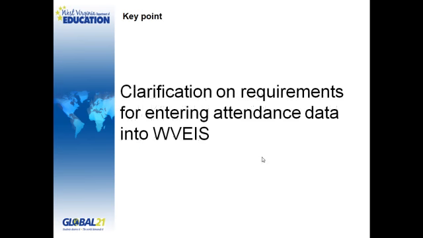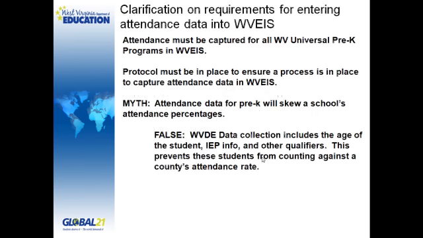Another key point would be clarification about the requirements for entering attendance data into WVEIS. We have to have attendance captured for all West Virginia Universal Pre-K programs. Regardless of how that's done, we want to have protocol in place to make sure that all children's attendance data are captured.